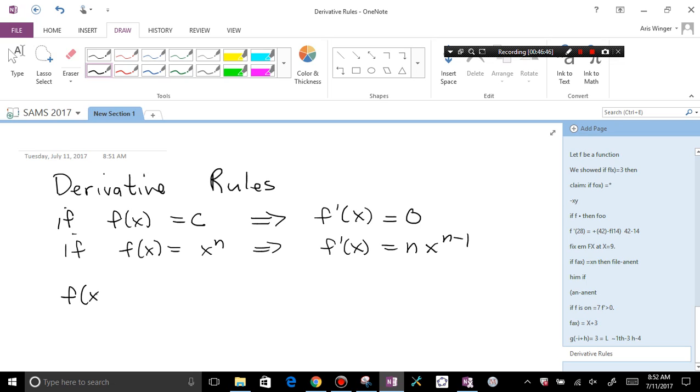f of x times g of x, brand new function, h of x. I'm going to take the derivative of that.